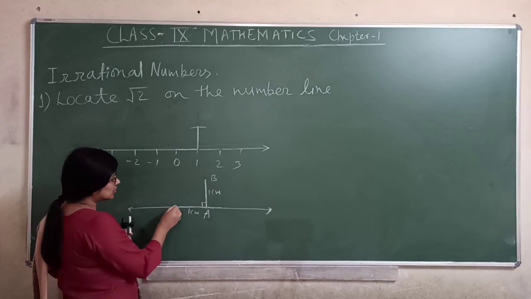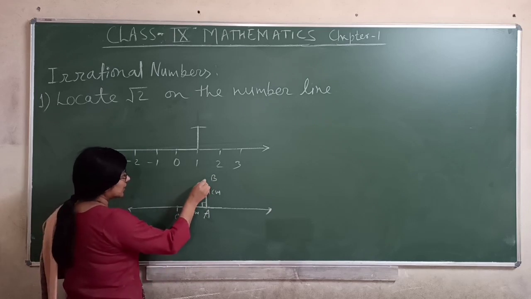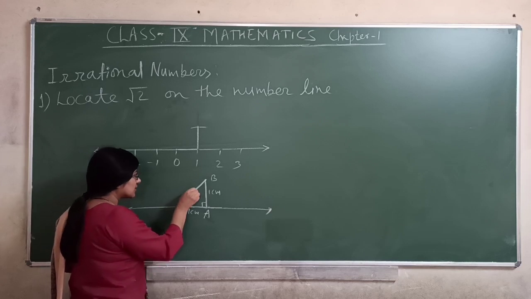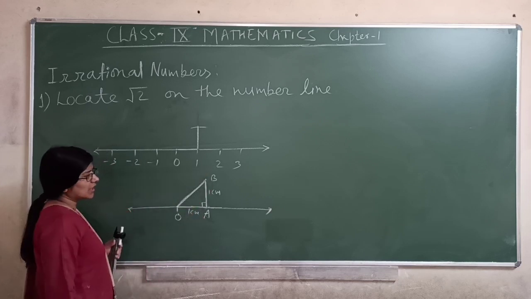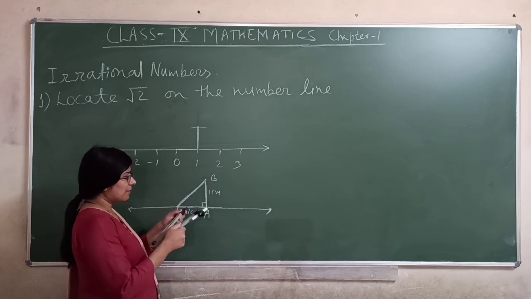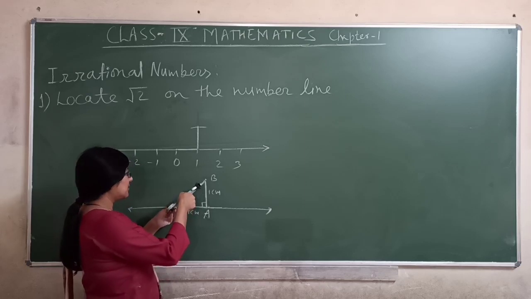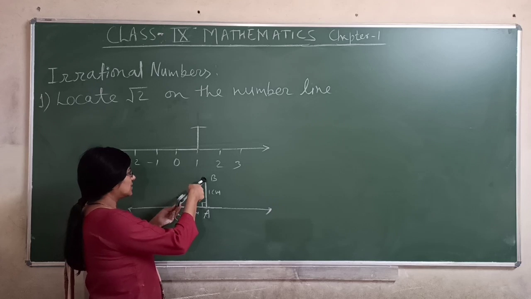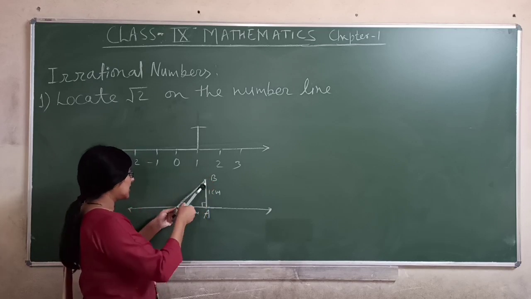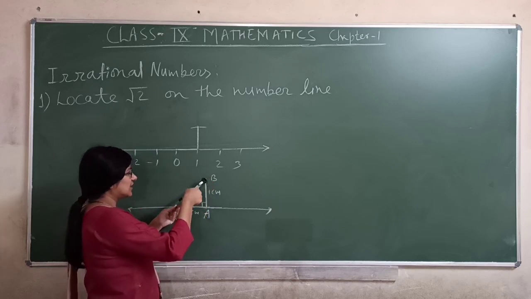Now what you will do? You will join OB, like this. Okay. Now hold your compass, keep the needle at O and measure up to point B, exactly like that.